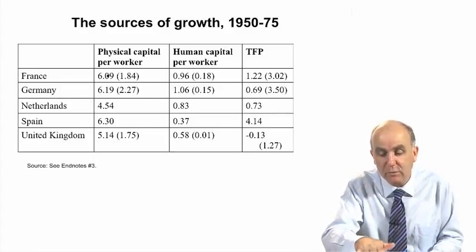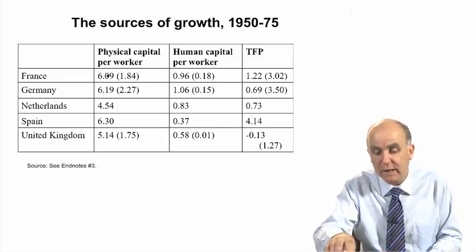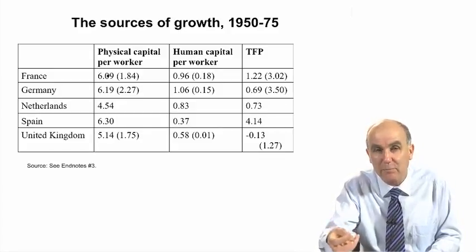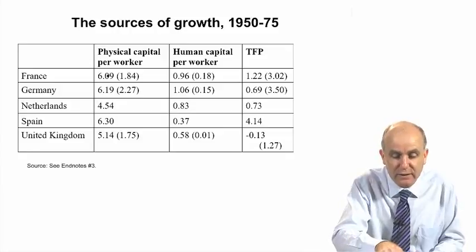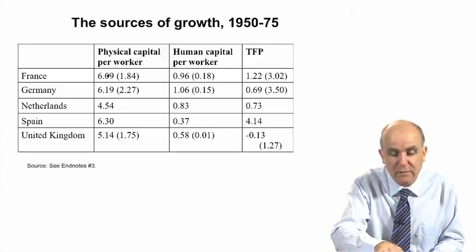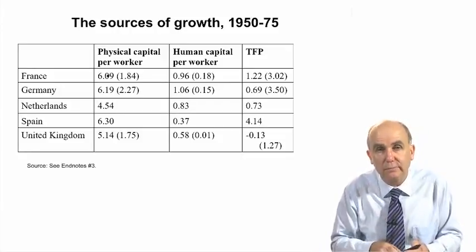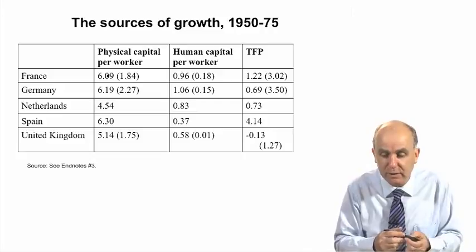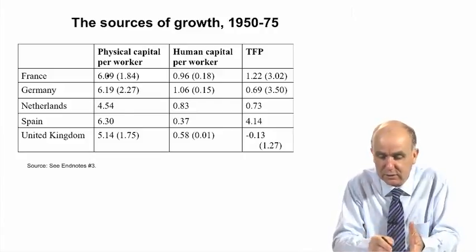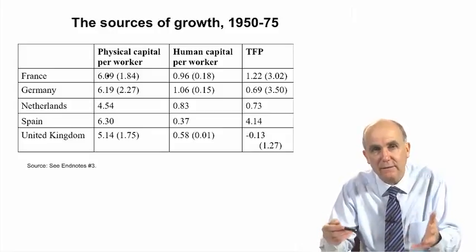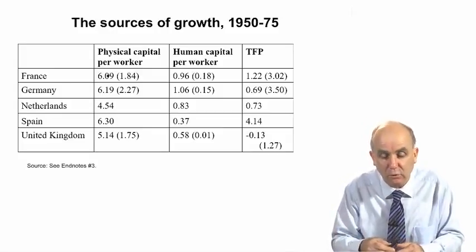This is the human capital per worker, and this is total factor productivity, our measure of improvements in efficiency. And so each of these numbers tells us about the annual contribution over this period of each of these elements to overall growth in GDP. And so basically the point is to look for the numbers which are largest. Those are the factors that have had the biggest effect on growth.